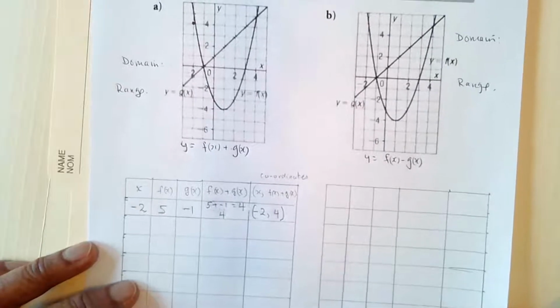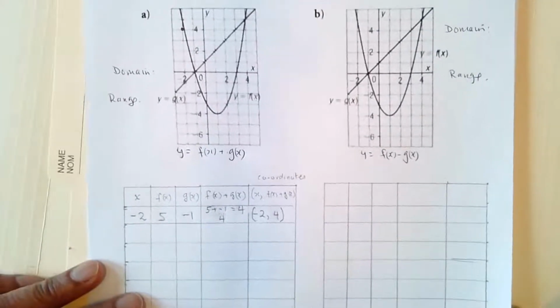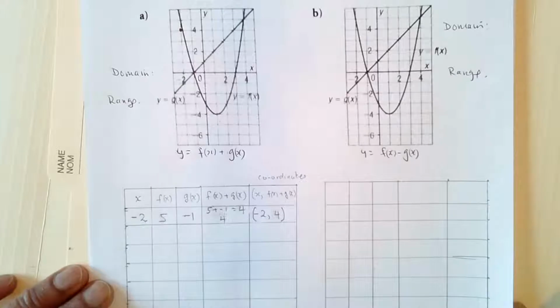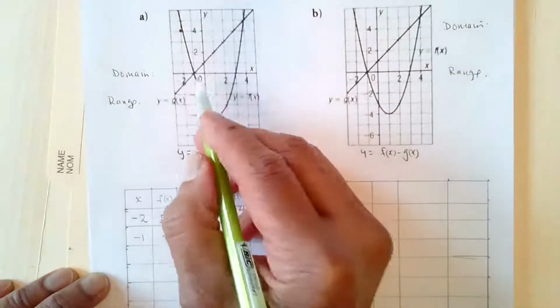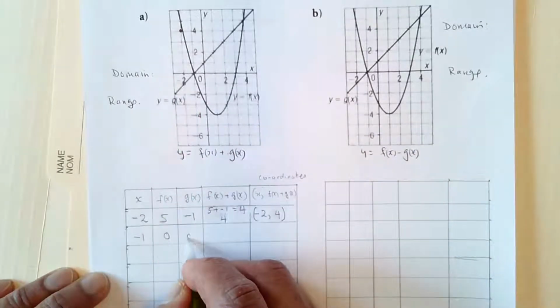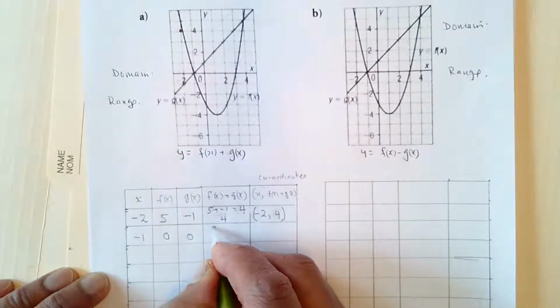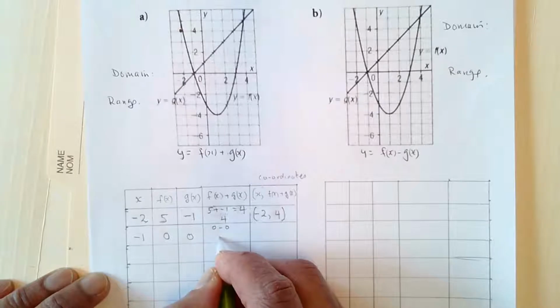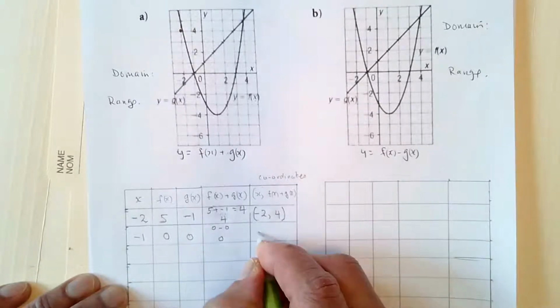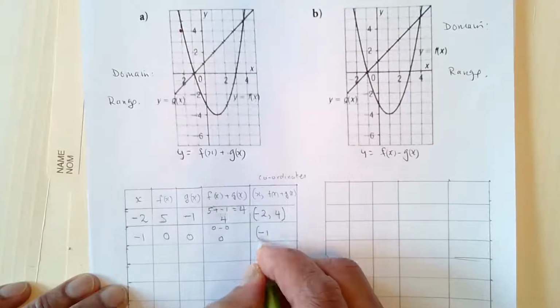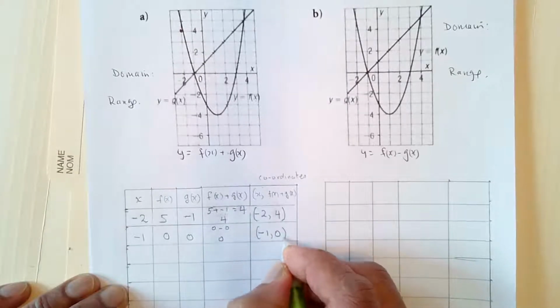Okay, let's continue plotting, arriving at our coordinate points. The next one, x is -1, f of x is 0 and g of x is 0. So we have 0 plus 0 gives us 0. So my coordinate point would be -1, 0.